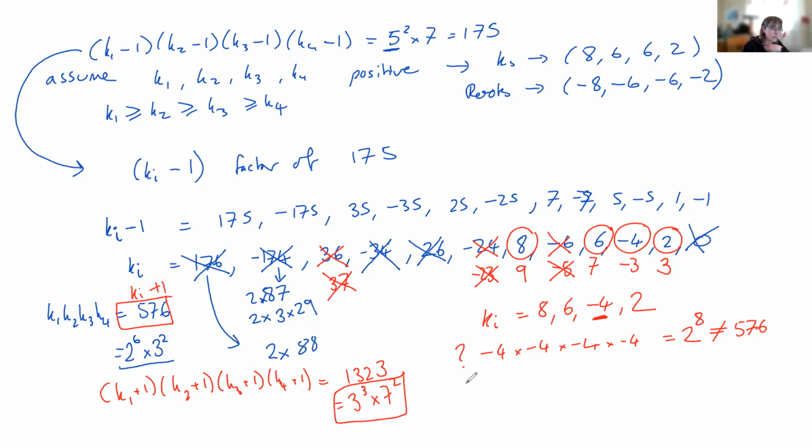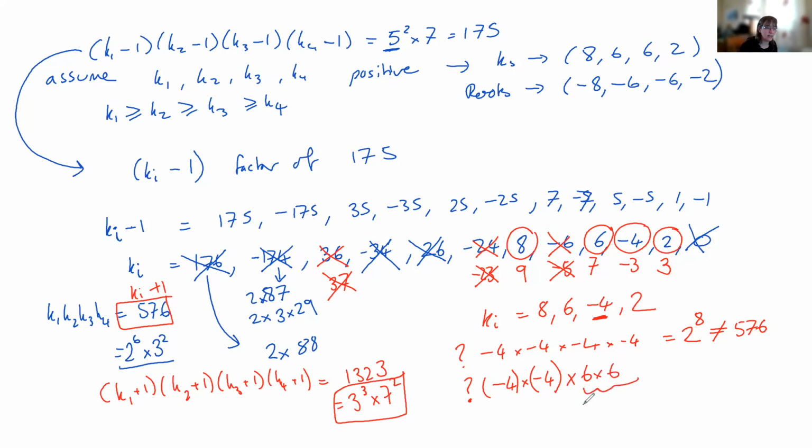The next question is, can we have one with a negative 4 times a negative 4? Now, if we have negative 4 times negative 4, to get 576 we need to have some 3s. So we need to have 3 squared. So we'd have to have 2 of 6 as well.